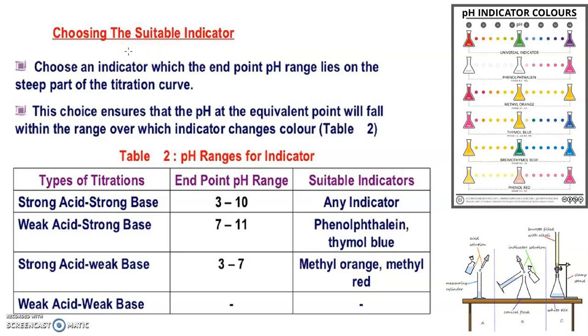How do you make a choice since you have a large number of indicators? I suggest you memorize only a few types of indicator. For strong acid and strong base, the endpoint range is between pH 3.3 and 10, so any type of indicator is suitable. Maybe you can use phenolphthalein.